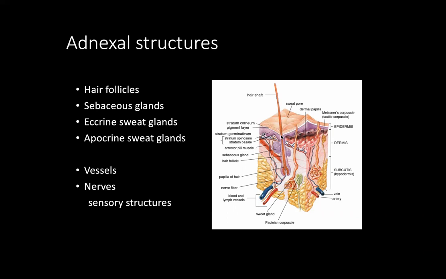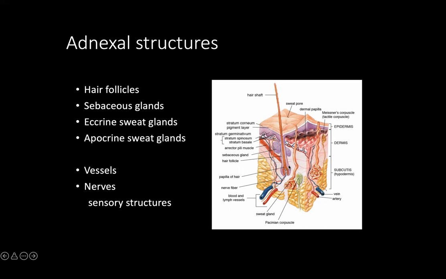This is essentially specialized keratin that extends all the way out to the outer surface, and that's what gives you the hair shaft. The pigment that gives your hair some color is made by the melanocytes, which sit at the base of the bulb of the hair. They're near the matrix cells, and we'll look at the histology of that. Now, you can have adnexal tumors that arise from different levels of the hair follicle. You can have cells that arise more from the matrix cells or the outer root sheath.